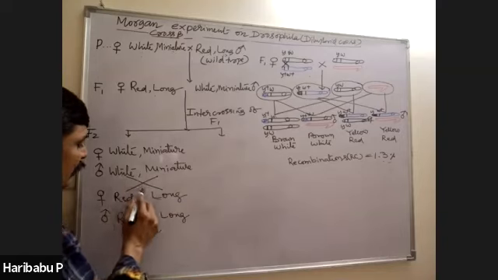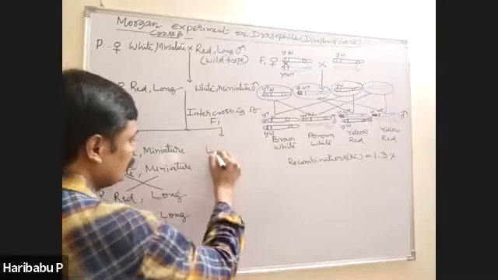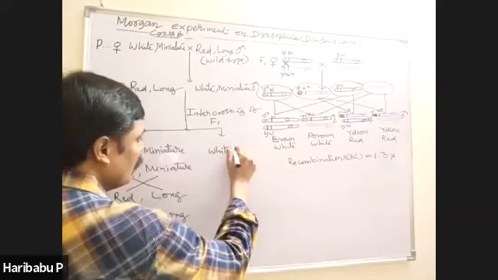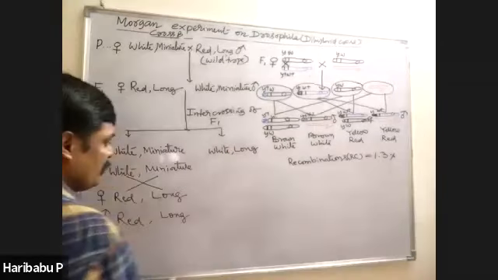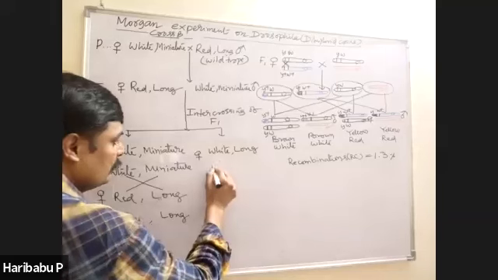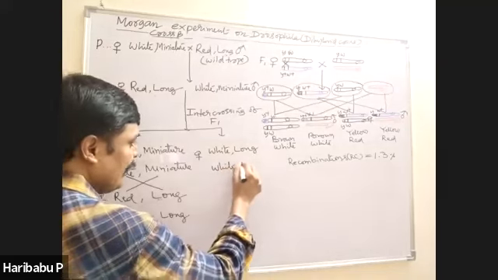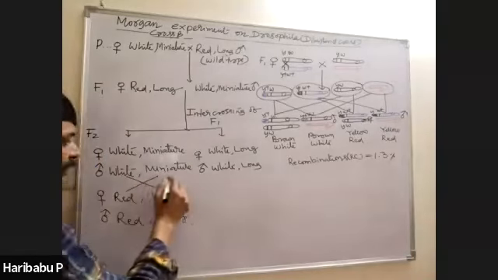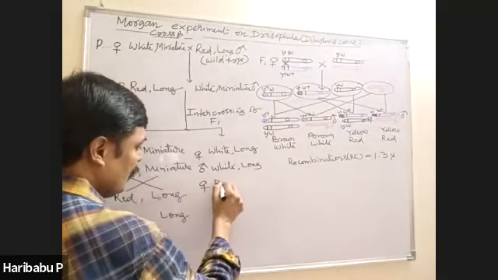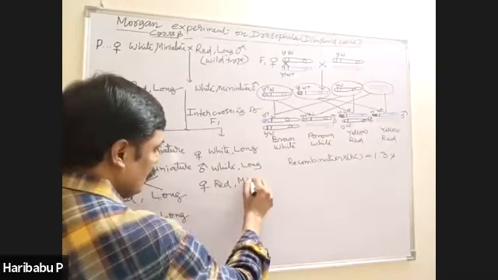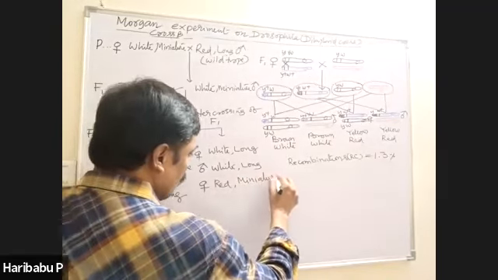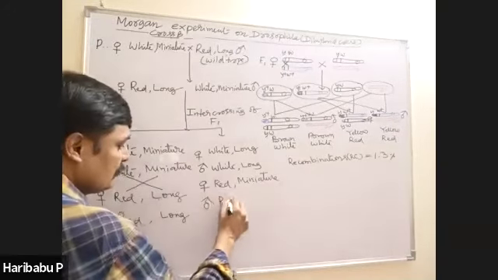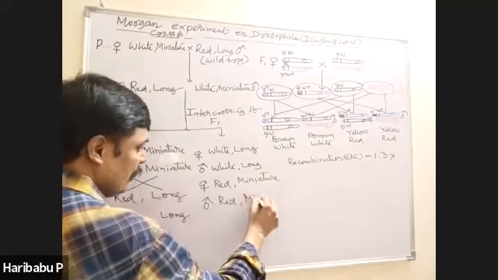Now, white long is a recombination: female white long, male white long. Then red miniature female, red miniature male.